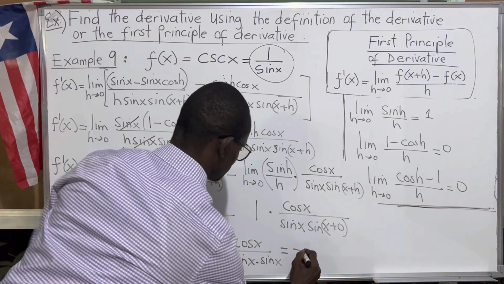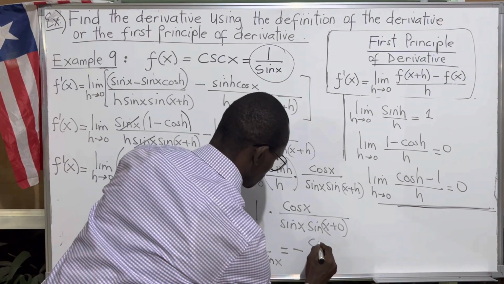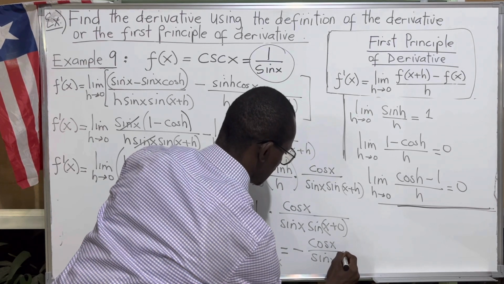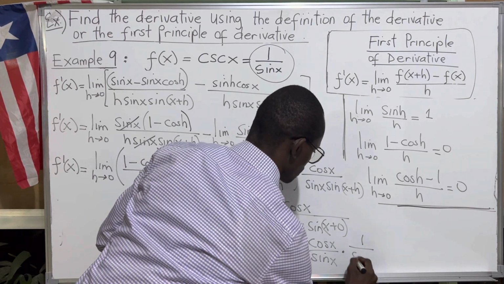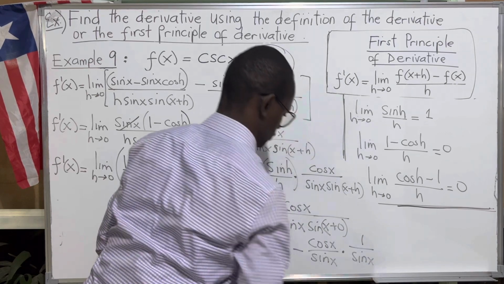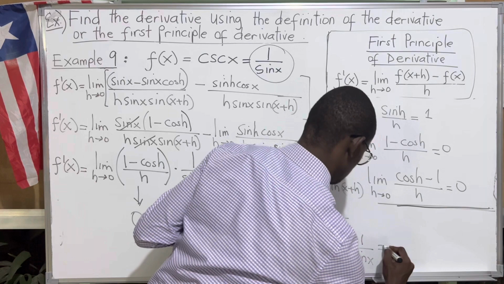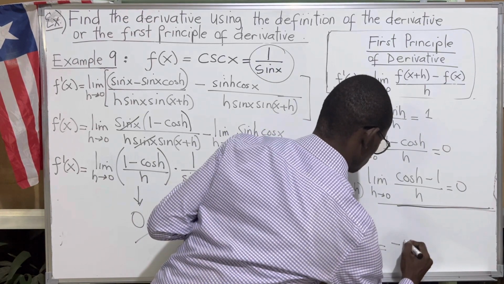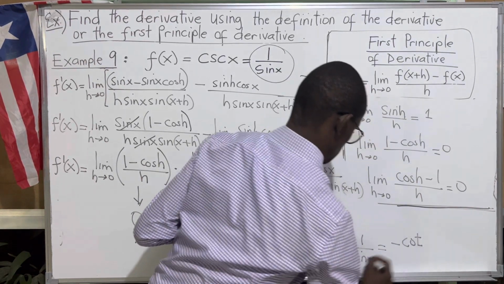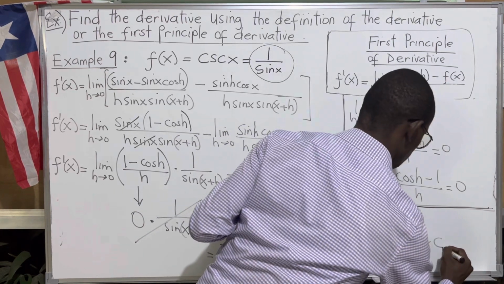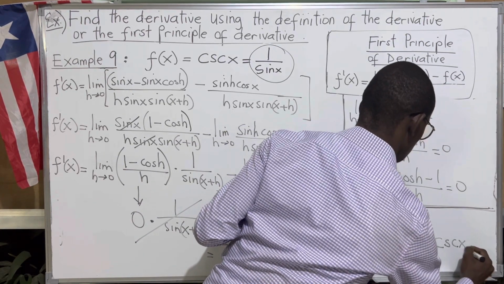So this can be cos of x all over sine of x times 1 all over sine of x. So what is cos over sine? Cos over sine is cot of x. And what is 1 over sine? 1 over sine is cosecant of x.